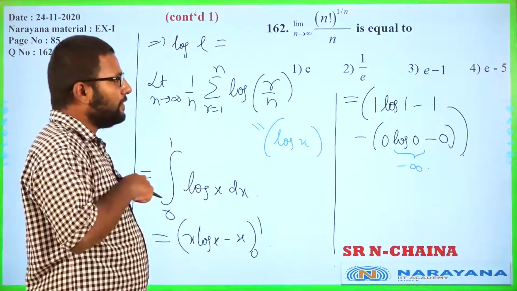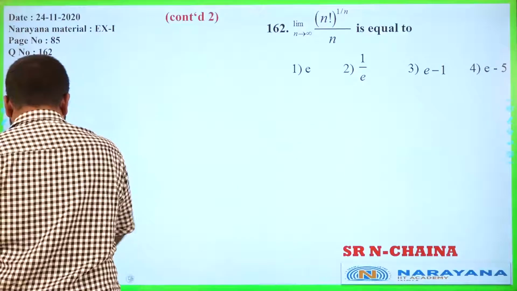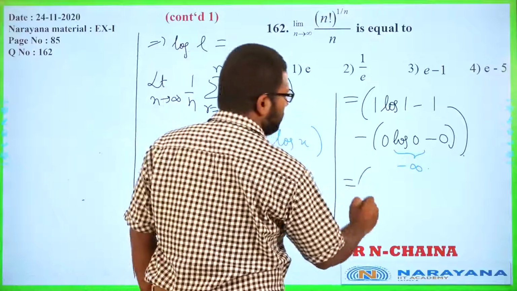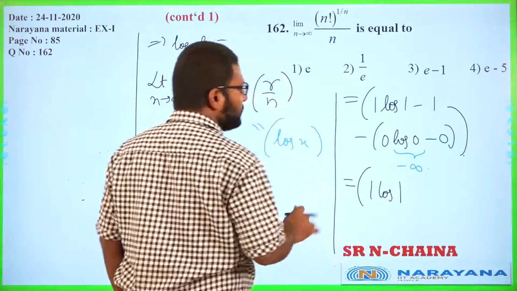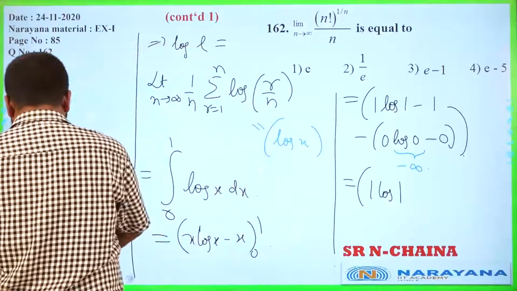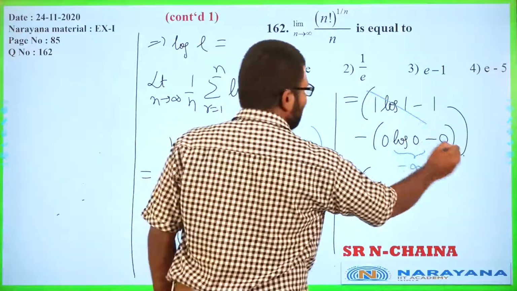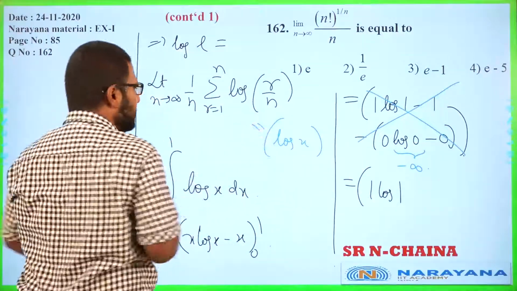So, instead of writing it like this, we will say this is equal to 1 log 1. Deliberately, do not write it like this. I had to show you that, and now I am writing it the correct way.